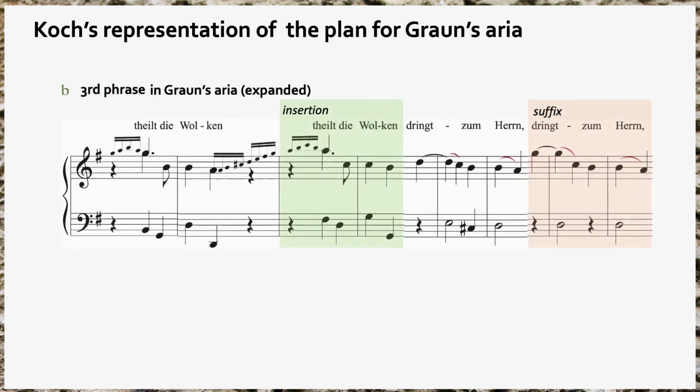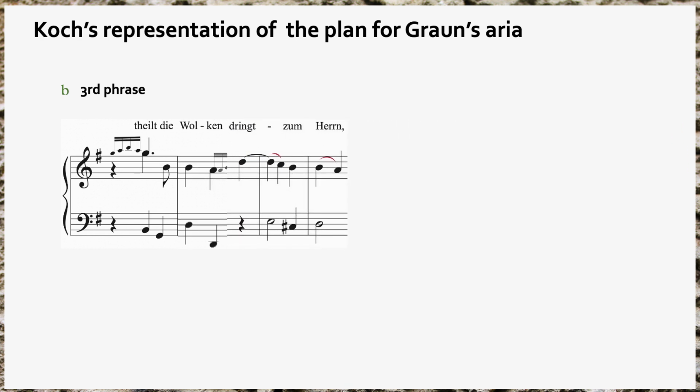The next phrase of Graun's aria is an 8-bar expanded phrase. As noted earlier, when Koch invented a plan as the basis for a piece of his own, he used only basic 4-bar phrases, entirely avoiding phrase expansions. In coming up with a plan for Graun's aria, Koch likewise could have used 4-bar phrases exclusively, like this.